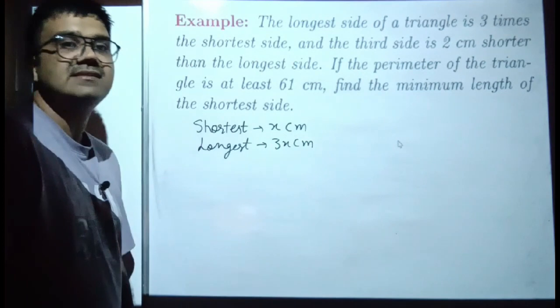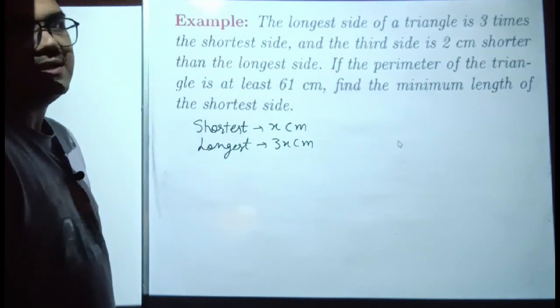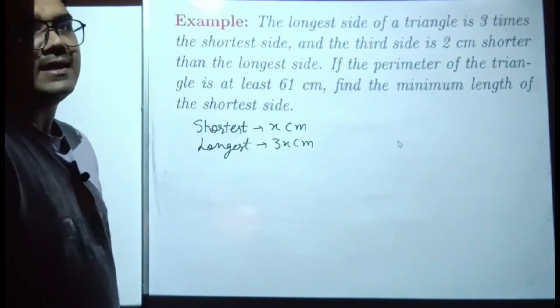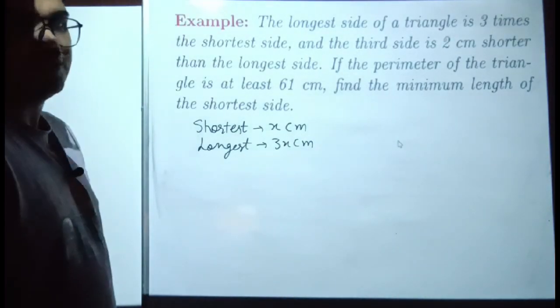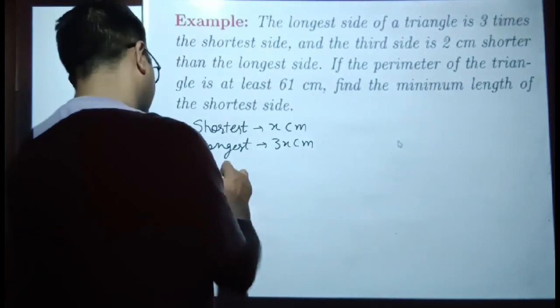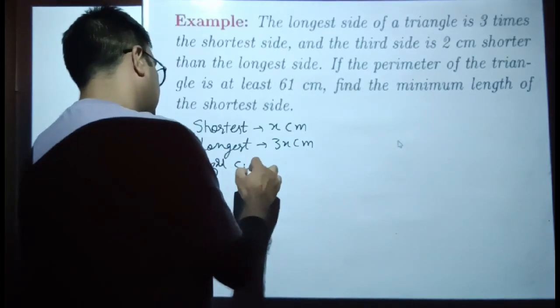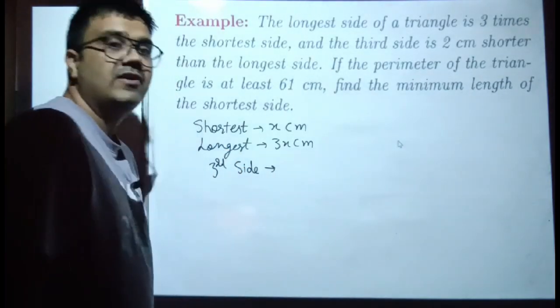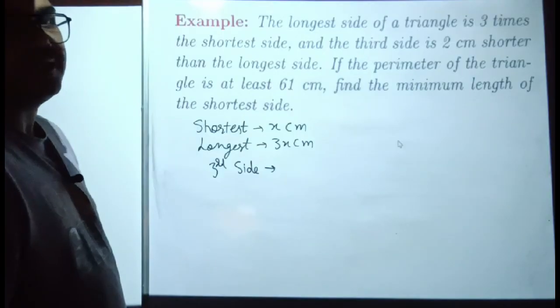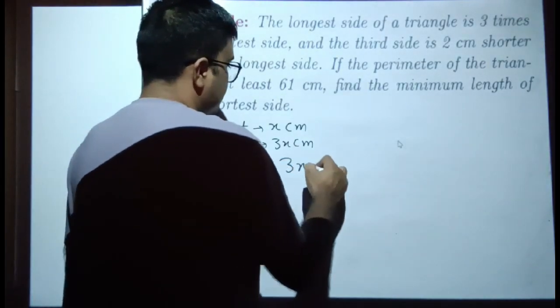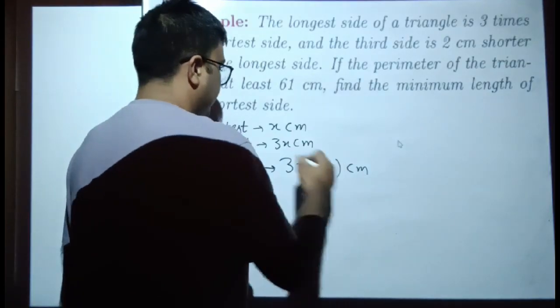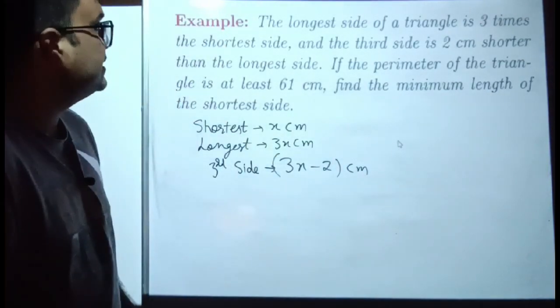It is given that it is 3 times. And the third side is 2 centimeters shorter than the longest side. So the third side is the longest side minus 2 centimeters, that is 3x minus 2. This is the length of the third side that is given.